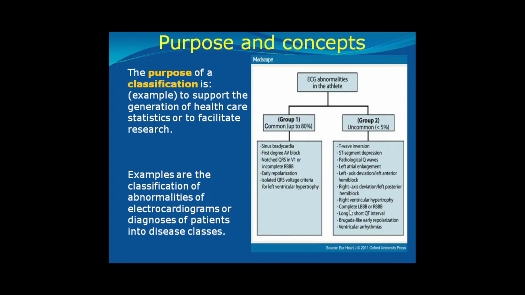Examples are the classification of abnormalities of electrocardiograms or diagnosis of patients into disease classes. On this page, you see an example of ECG abnormalities in the athlete, which are subgrouped into common, up to 80%, and uncommon, less than 5%. And there are explanations of these two subgroups.